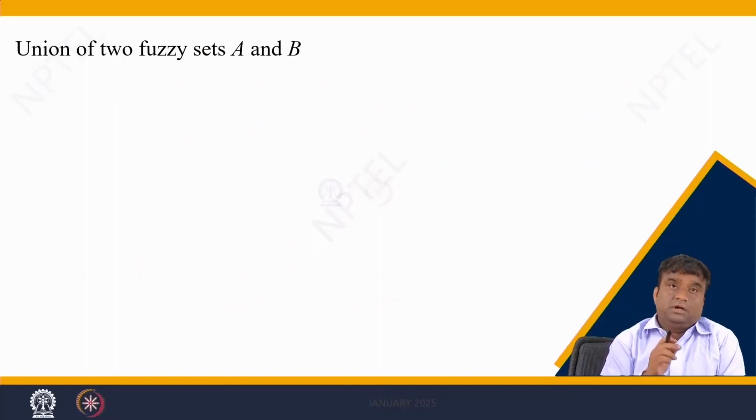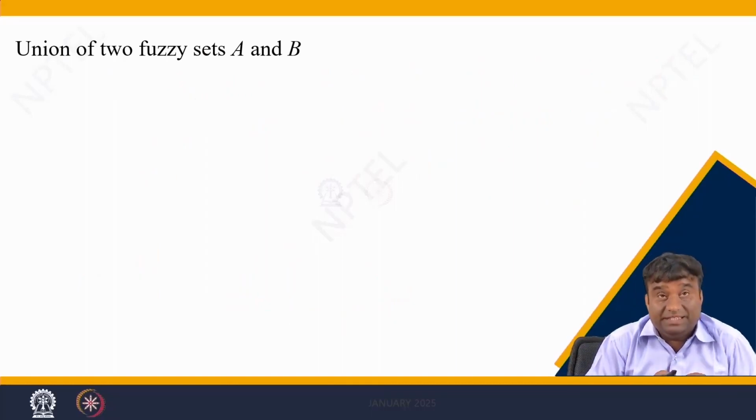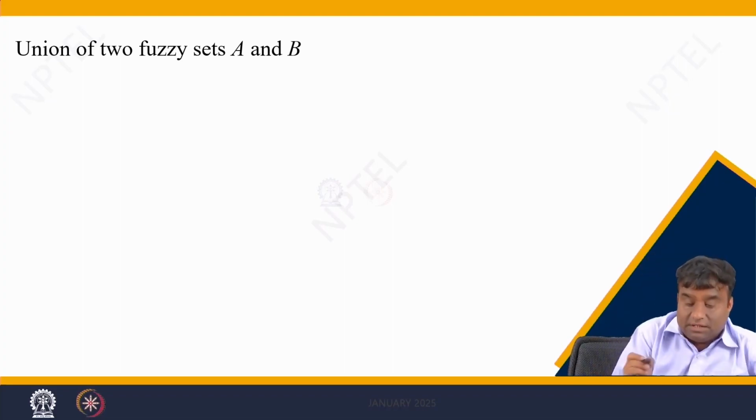Now we are going to teach some basic operations on fuzzy sets. First is the union of two fuzzy sets A and B. That is a very simple thing.